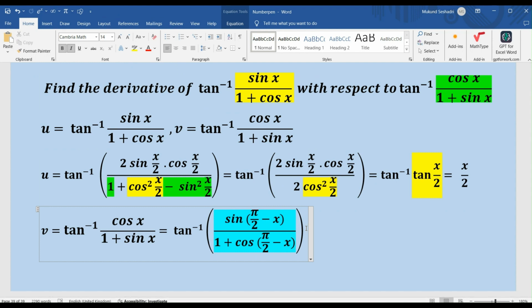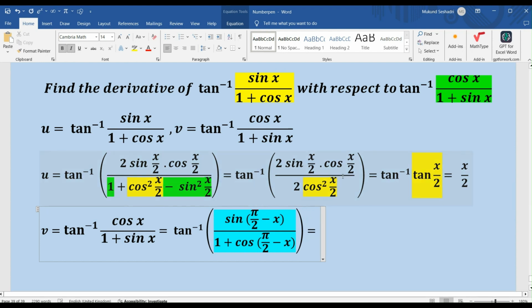So wherever I have x, I will have to replace it by x by 2 in my final answer, right?